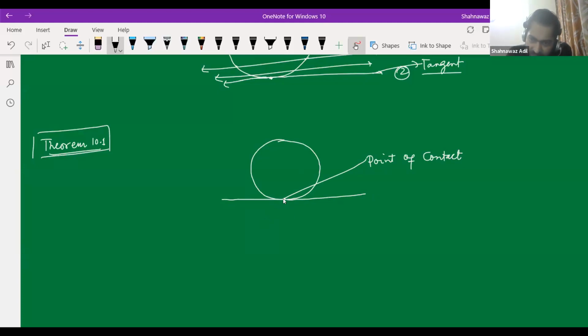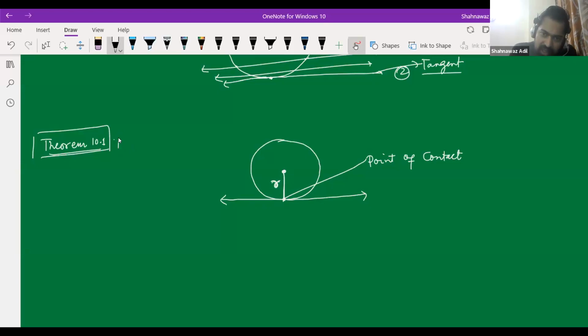If you join the center with this point of contact, that would be the radius. The radius joining the center and point of contact would be perpendicular to this tangent. So this is the first theorem.